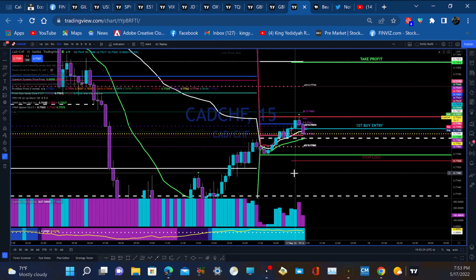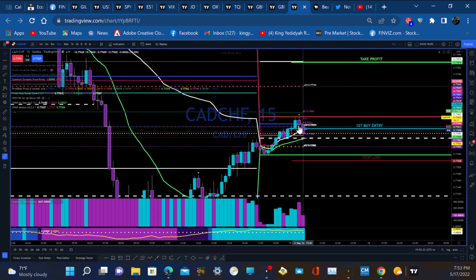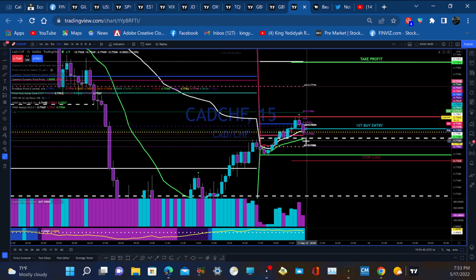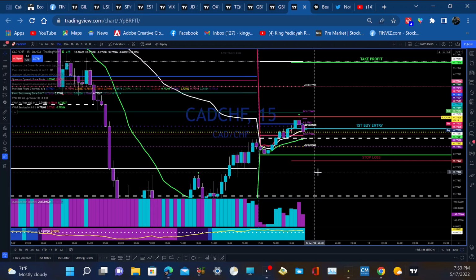So let's see how it pans out. Actually, it's not looking good at all with this high volume right here, and it's rejecting off of this high volume. Then we get this further breakdown. I might just cut it right here, but I'll let it play out, man. It's only 9 pips, so let's see how it works out, you know what I'm saying.